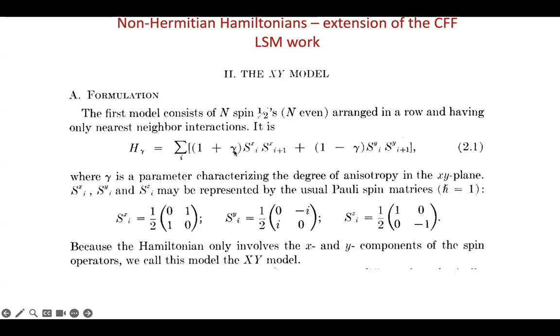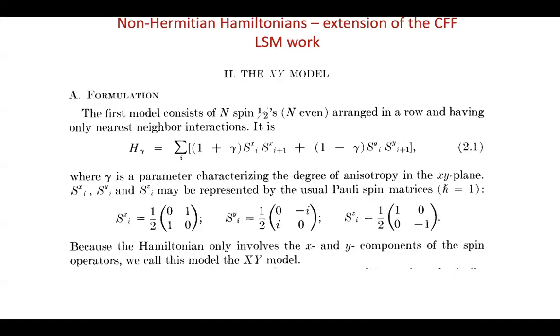If you set gamma to 0, it becomes what one would call an isotropic XY model. XX and YY are equally weighted. If you set gamma equal to 1, then it becomes just XX, which is the same as an Ising model, except instead of ZZ, you have XX. But physics is the same. If you set gamma equal to minus 1, it becomes YY, same as Ising model.